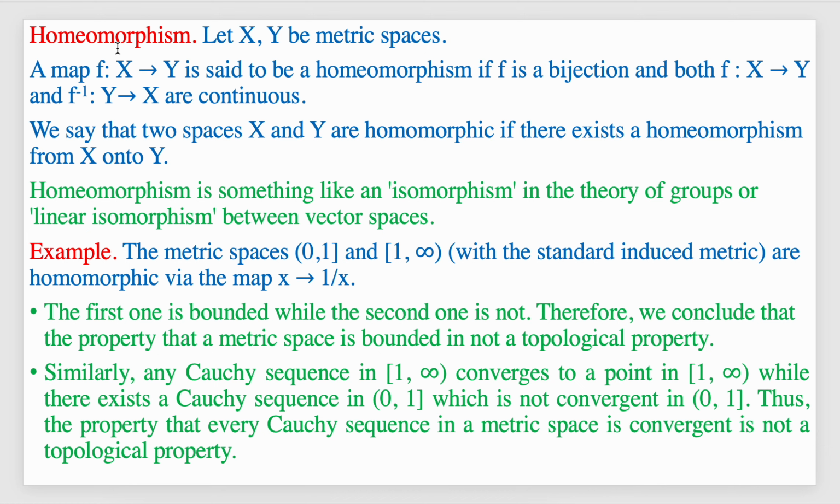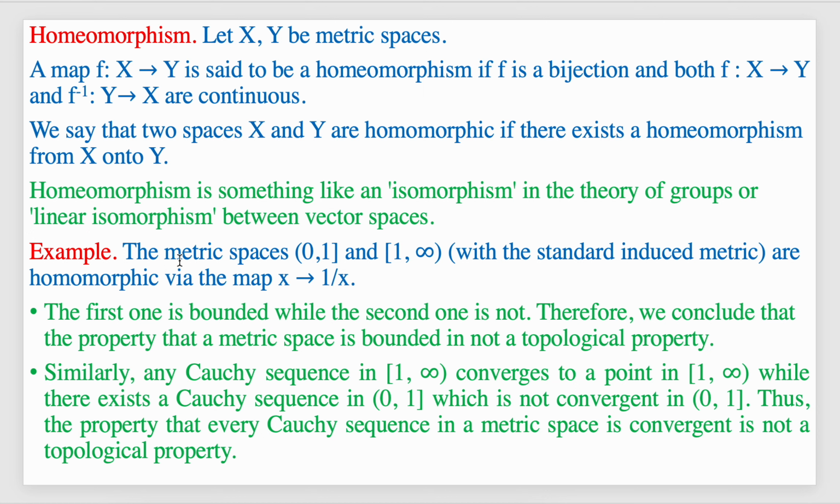Secondly, f should be continuous, and also f inverse should be continuous. We say two spaces X and Y are homeomorphic if there is a homeomorphism from X onto Y. This homeomorphism is something like isomorphism in the theory of groups or linear isomorphism between vector spaces.